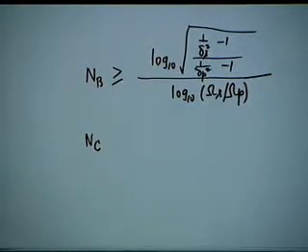This ratio omega s by omega p is sometimes denoted as the transition ratio. Obviously, it is a transition between pass band edge to stop band edge. It is also called transition ratio. There are several other terms which have been used, but you can ignore them.